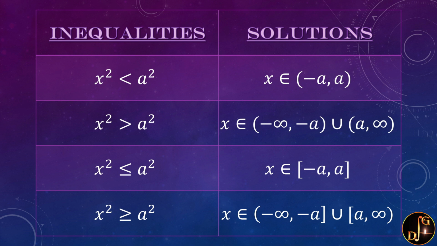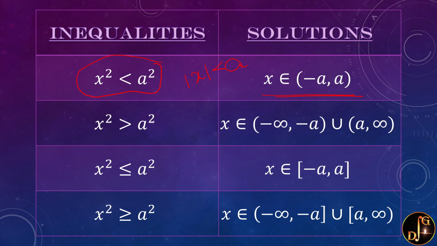Similar to that, if we have x square less than or equal to a square, look at the solutions. If we have mod x less than a, the solution was the same. If we have x square less than a square also, the solution is the same. Whether it is less than, greater than, less than or equal to, or greater than or equal to, for everything the solution will be the same as before.